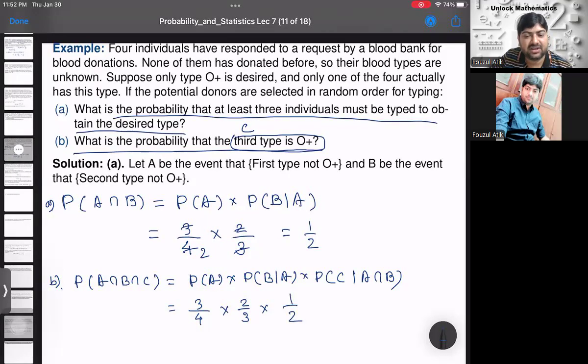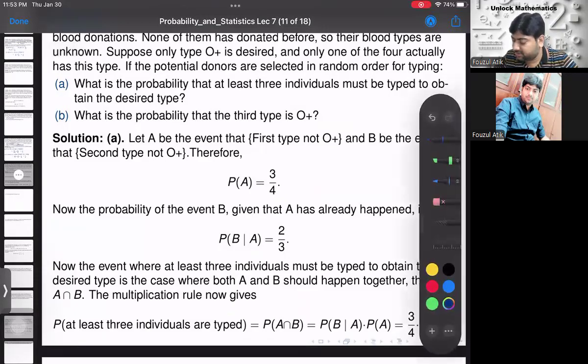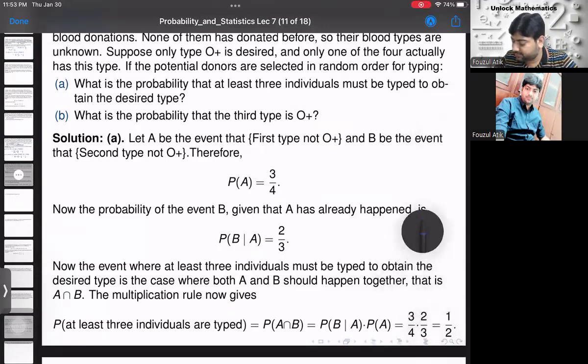And if you simplify, the overall value is 1 by 4. I hope it is clear. So all the things we have discussed are already written in a very explicit way.